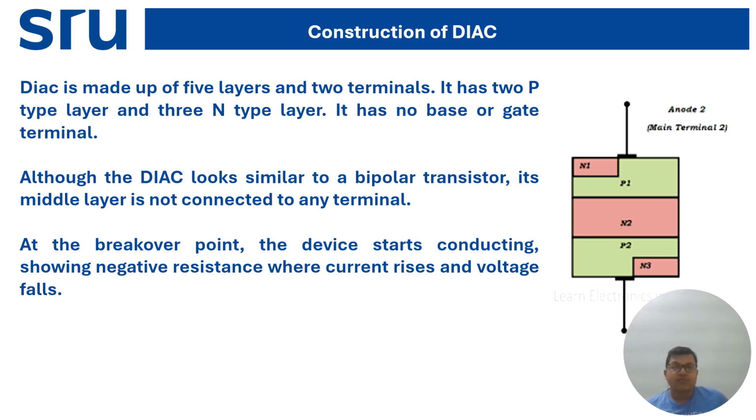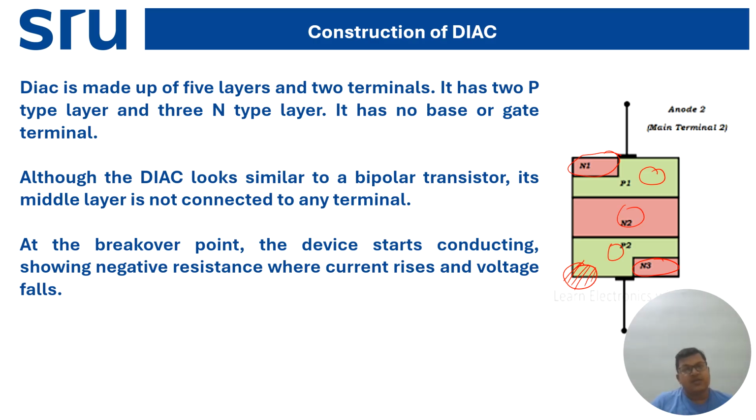But here is the difference that you see: this is region 1, this is region 2, this is region 3, this is 4, and this is 5. So one region is less. On this side there was a region in the case of TRIAC, but it is missing here because this is a two terminal device. We don't need the third terminal.